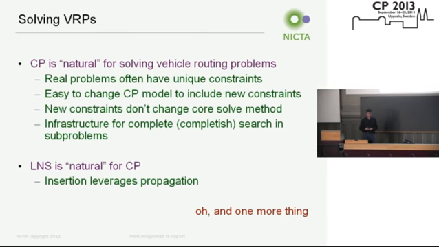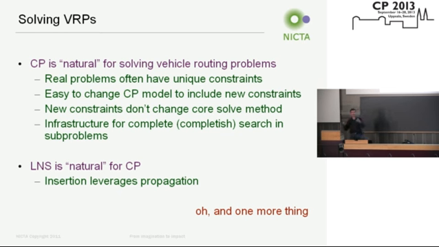Okay, so I hope through this that I've convinced you that CP is a natural way of attacking real-world vehicle routing problems. It gives you the power to express the constraints that you're going to see, and a really good tool for finding good solutions. You can introduce new constraints without changing your core solving method.